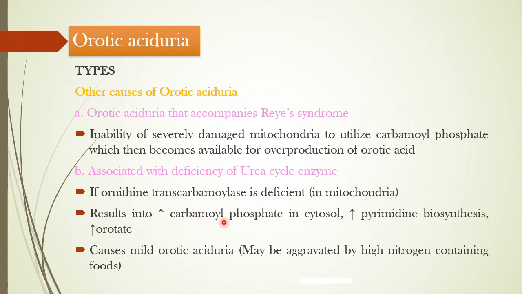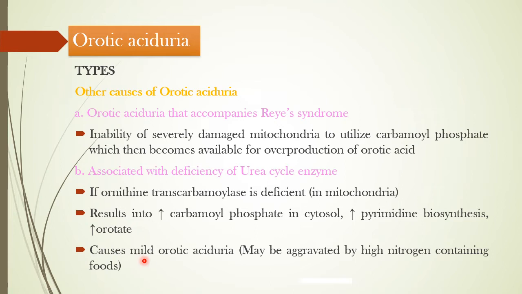When there is more availability of carbamoyl phosphate, there is increased pyrimidine synthesis, which may result in increased concentration of orotic acid in urine, causing orotic aciduria. But the orotic aciduria seen in this type of disorder is of mild type.